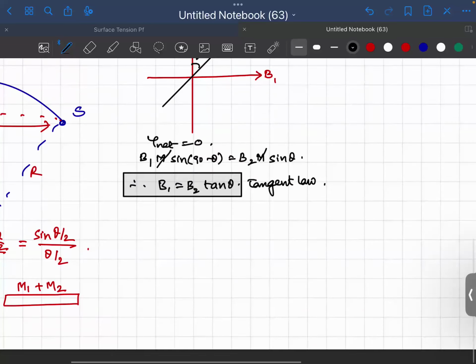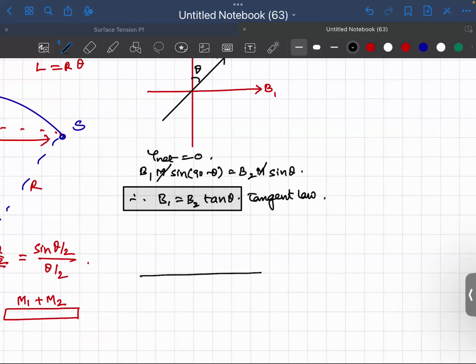If you have a magnetic field like this and the dipole like this, and if this is theta, a small angle theta, the restoring torque is given by minus mB sin theta because it is restoring.